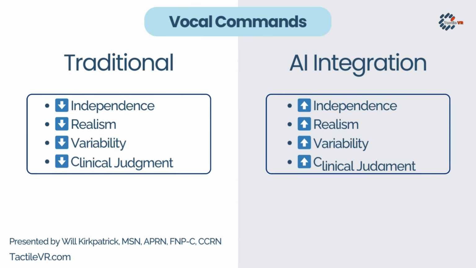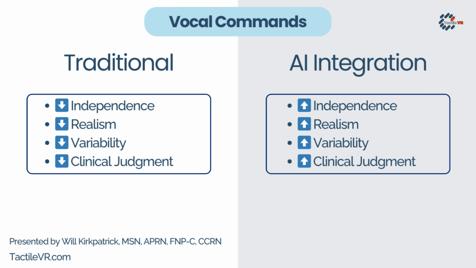So to compare traditional simulation, which has scripted responses and scripted communication, versus what we have now is dynamic AI characters to serve as our patients. So with traditional simulation, there's less independence, less realism, less variability, and less clinical judgment.